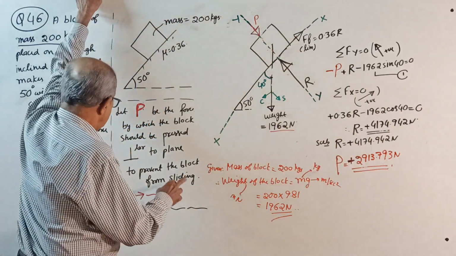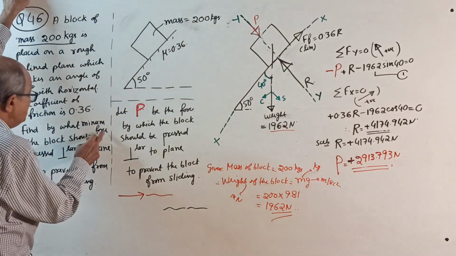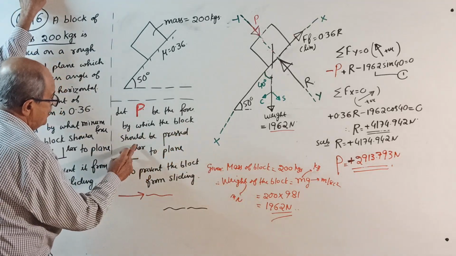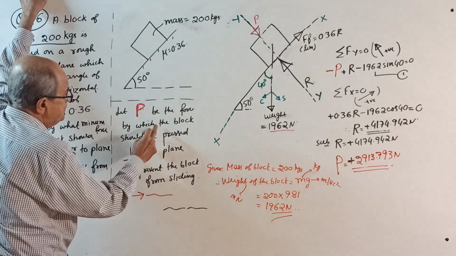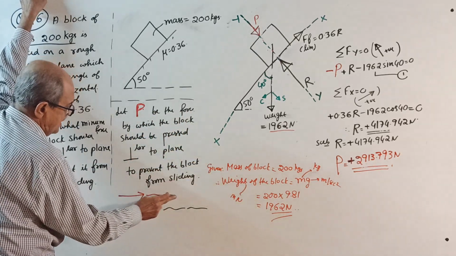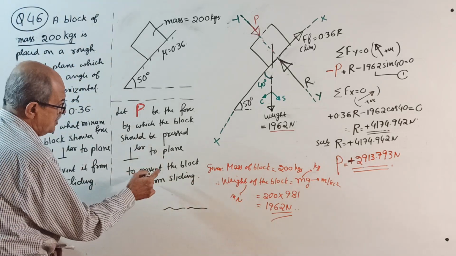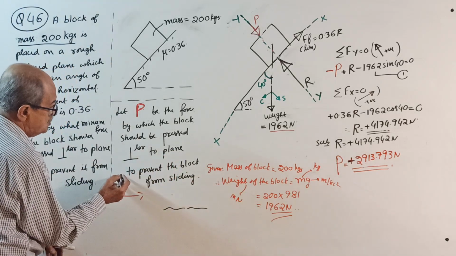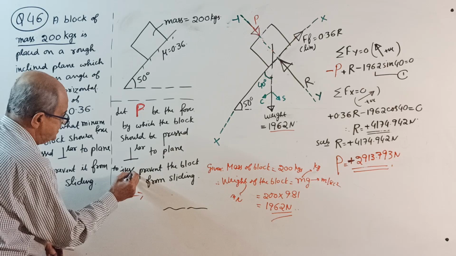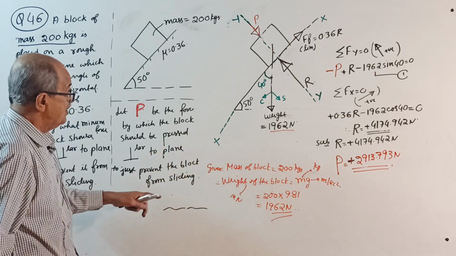Therefore, they want minimum force, so write: P be the force by which the block should be pressed perpendicular to the plane, just to prevent the block from sliding.